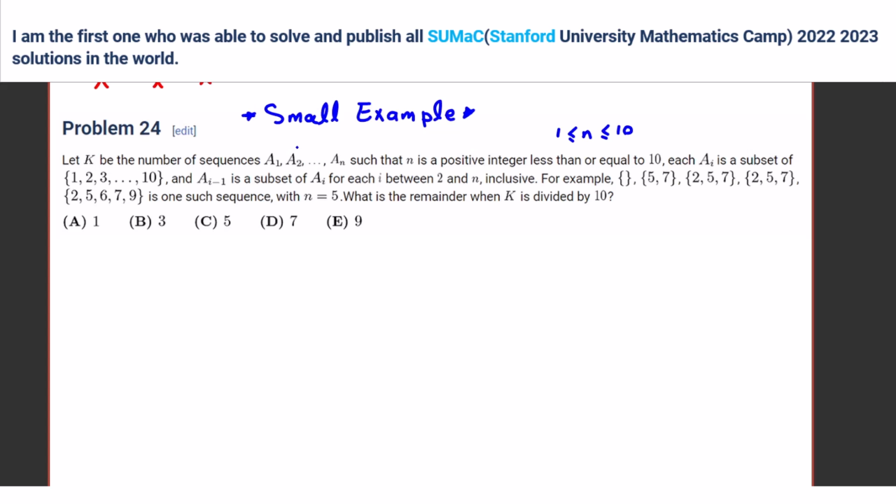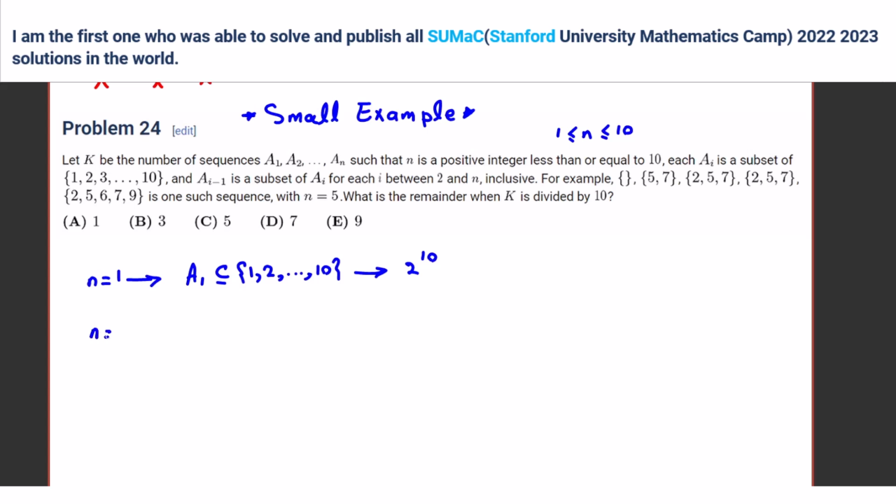So here we can use a small example. For n equals 1, the answer is what? It means we have only one subset, A1, of 1 to 10. How many subsets are there? 2 to the 10th. Exactly.